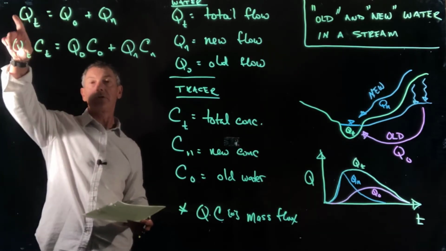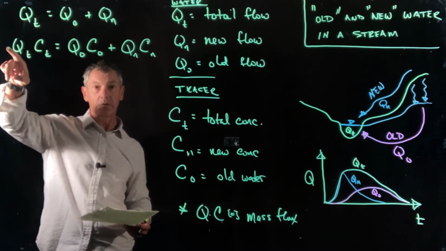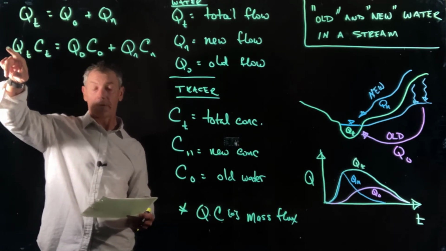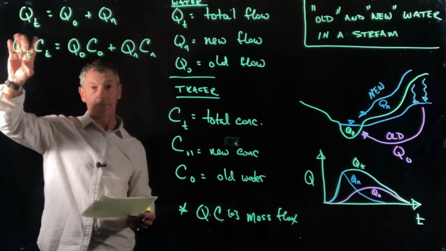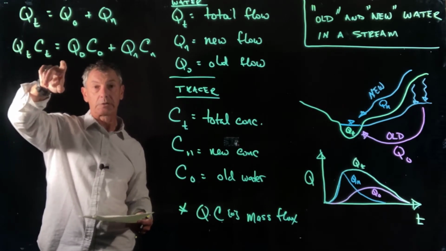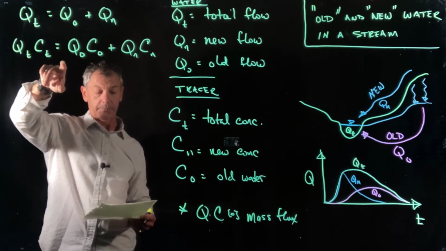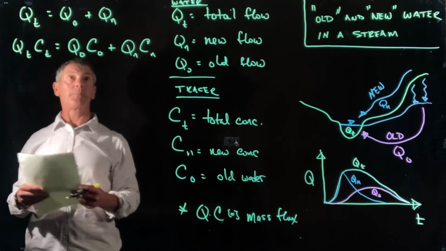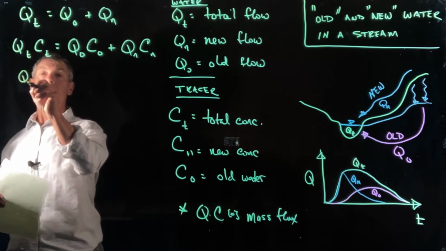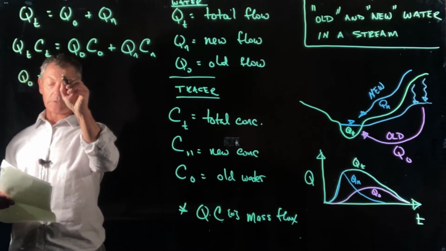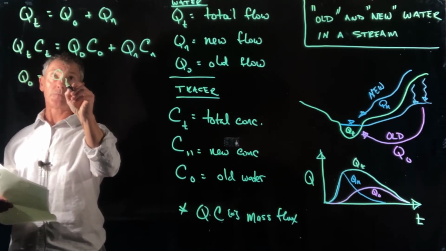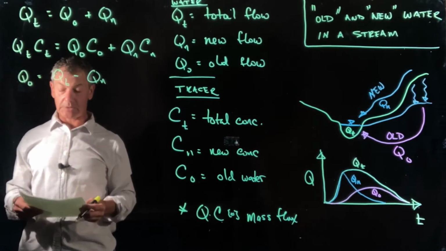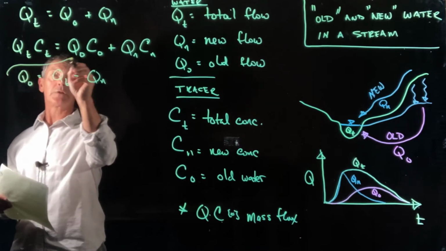Okay? So what we can do is use these two different equations. We have two equations that we can work with, and we're going to solve for the volume balance and substitute it into the solute mass balance. We're going to use that the old water is equal to the total flow minus the new water, and substitute that in over here.